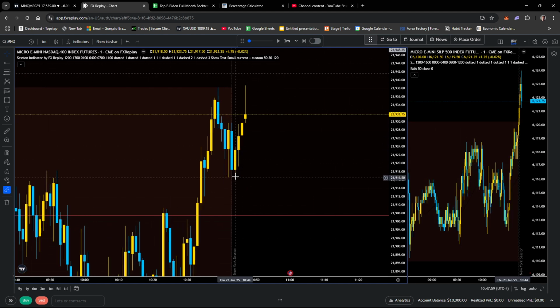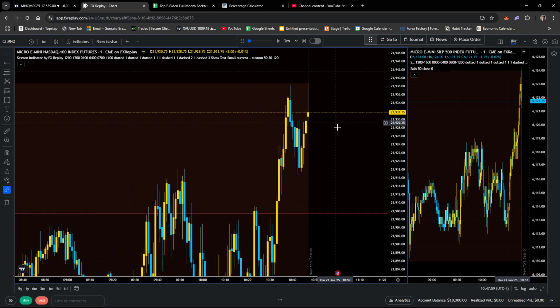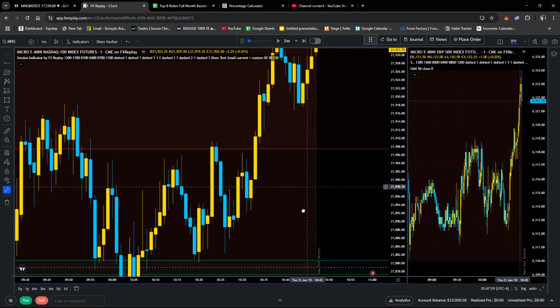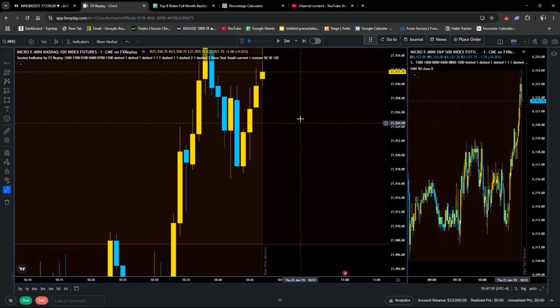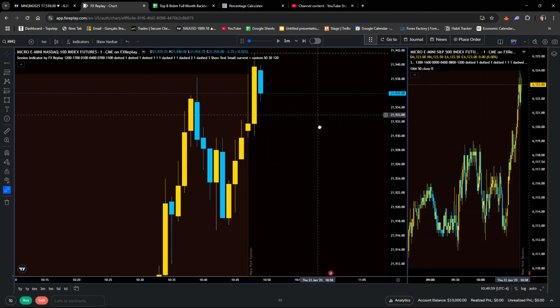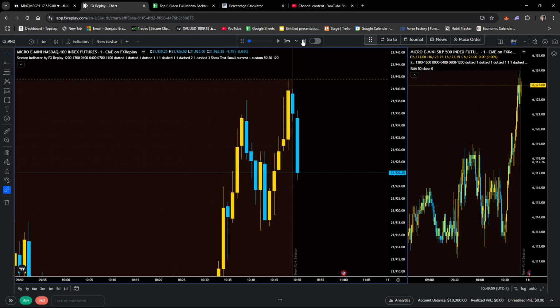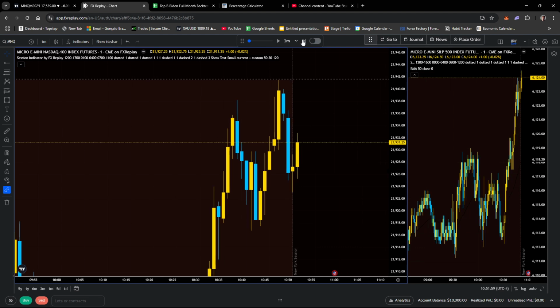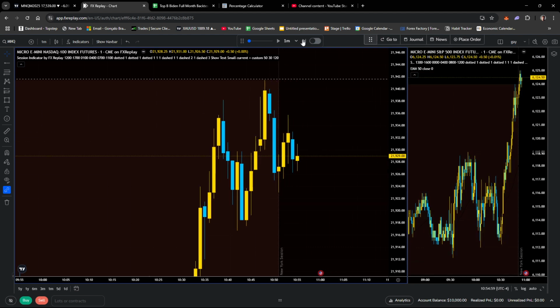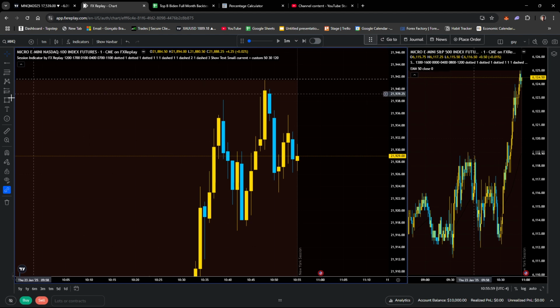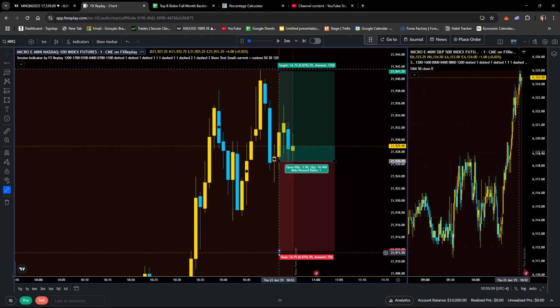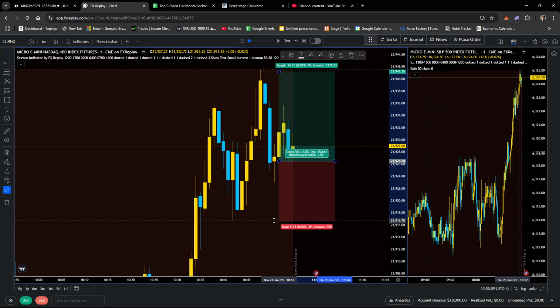Right, just need a displacement through a short-term low, or we can buy. No, there's no buys just yet. It's not even that volatile today.